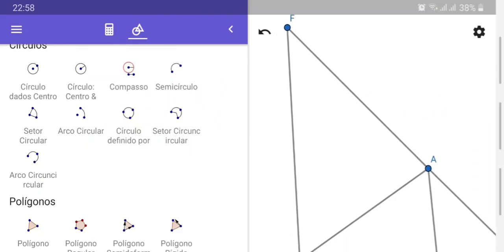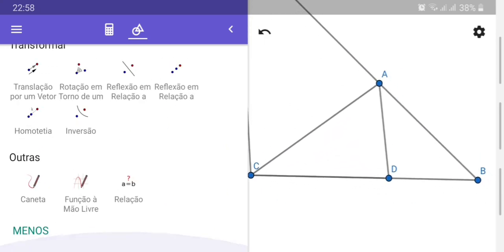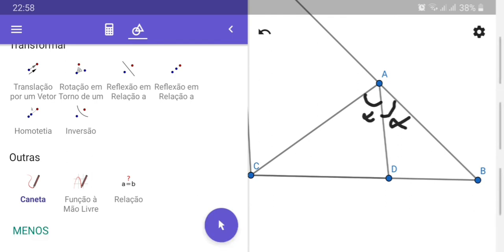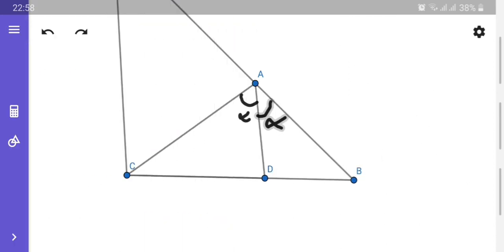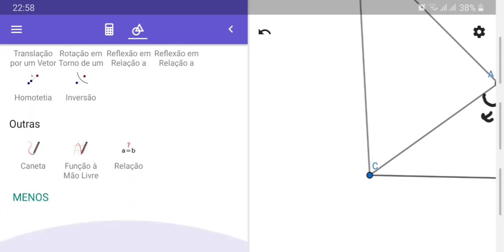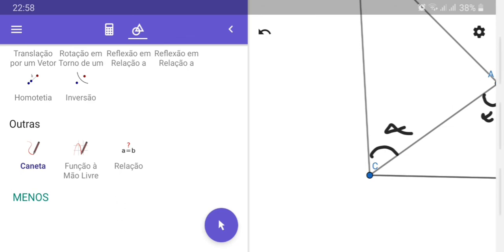So just to make things clear, I draw the triangle over here. This was alpha, this was alpha, and this over here was alpha. We proved it.